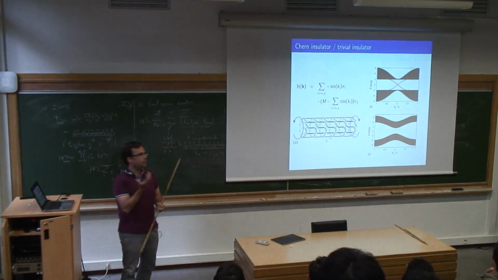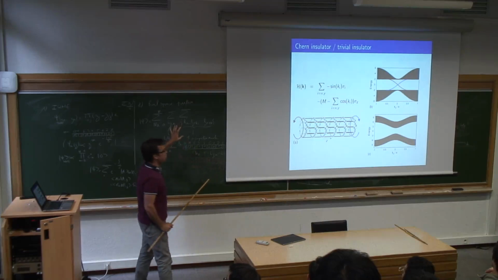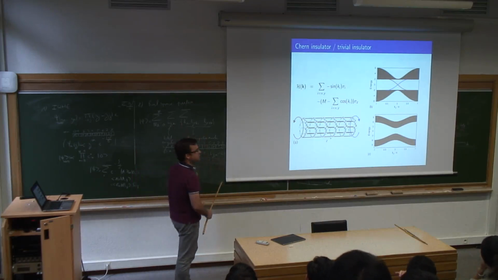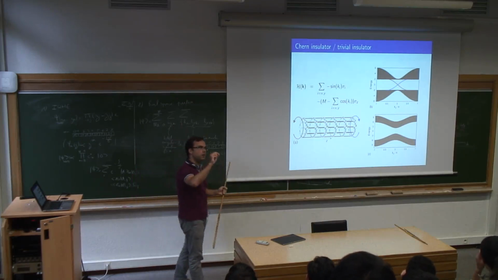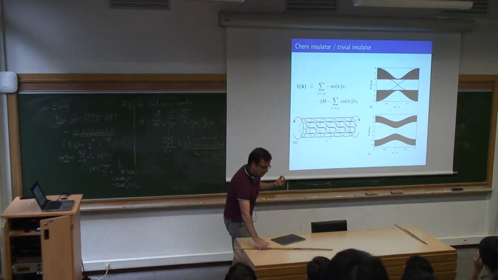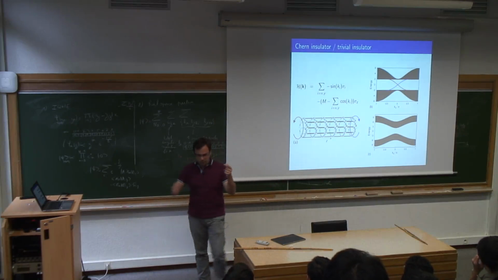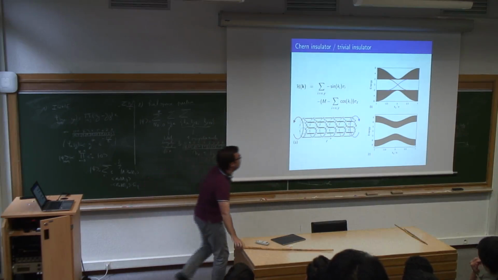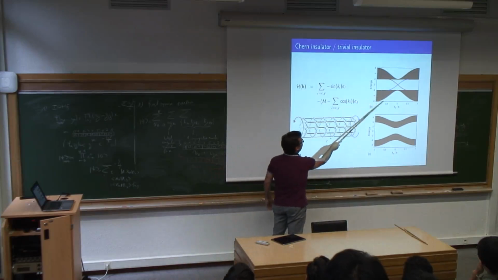In the same way as we have done the calculation for the integer quantum Hall effect, for all the topological insulators, all the lattice models, you can do exactly the same kind of exercise where you take your creation operator, C dagger, and you decompose it into A and B. Remember that it's always simple to write down the ground state of your system where you completely fill one band, let's say the conduction band here.